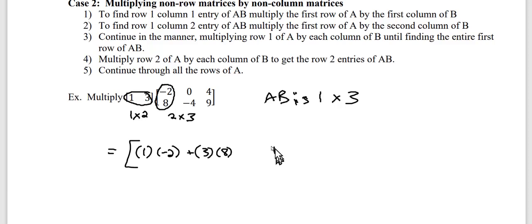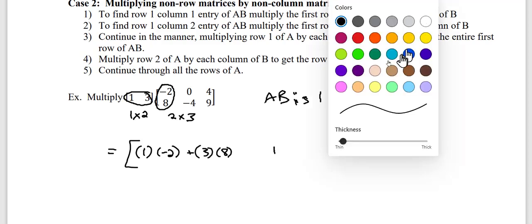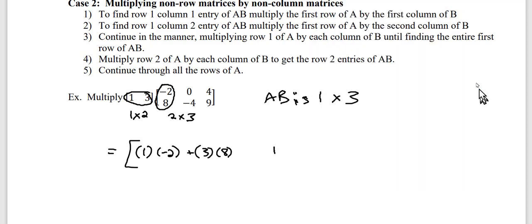Then we multiply for the second position, the second number we get there. We're going to multiply, oopsie, this row by this column. 1 times 0 plus 3 times -4.